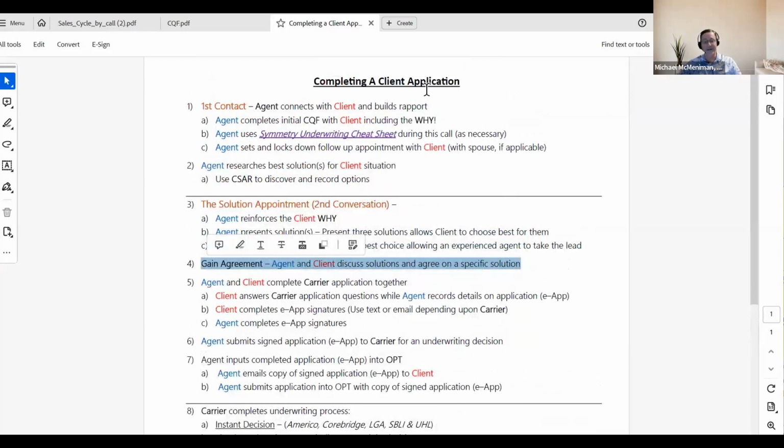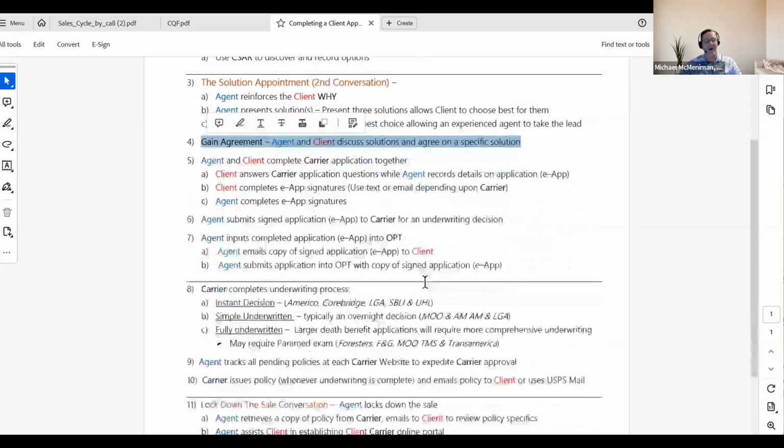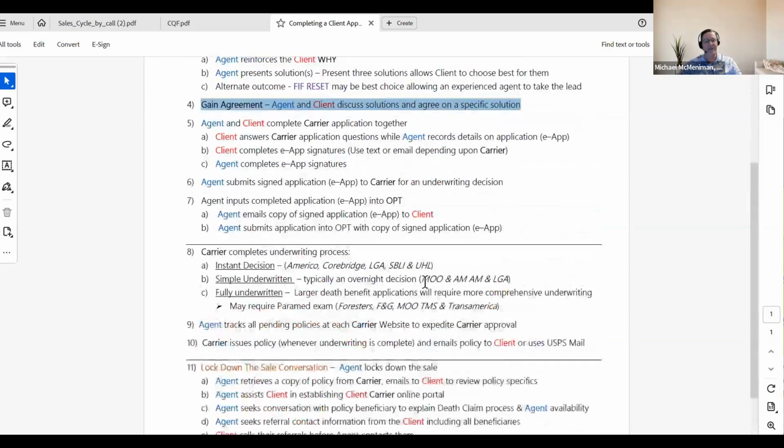See, first contact, filling out the CQF, using the underwriting cheat sheet, developing your solutions, presenting to the client, and then all the rest of this stuff is just about filling out the application. So you're going to fill out the application together with the client. You're going to read the questions on the application to the client so they answer them in full.